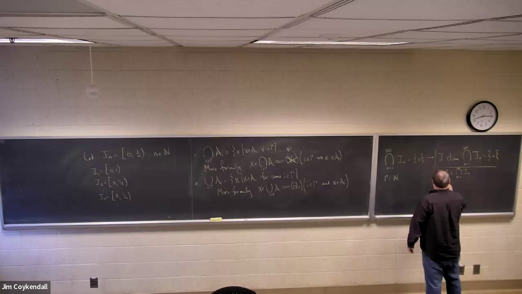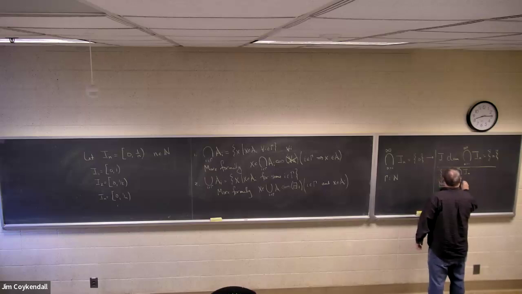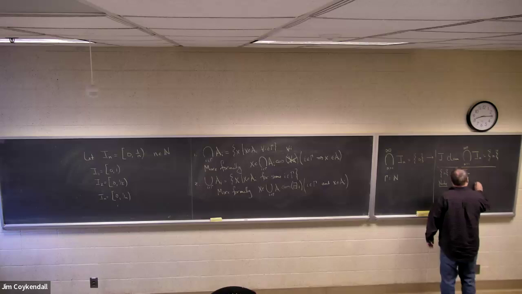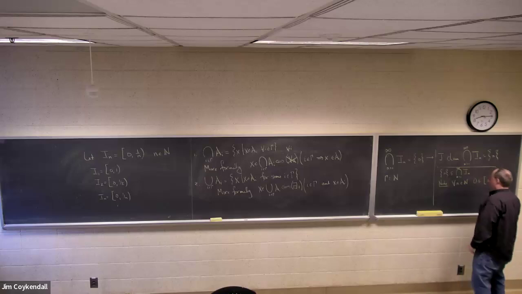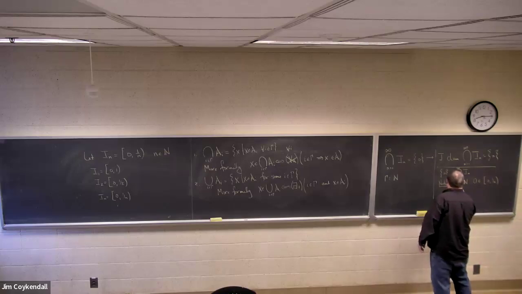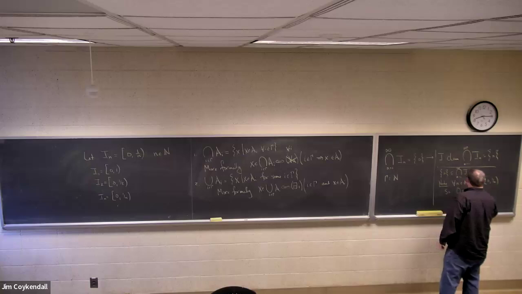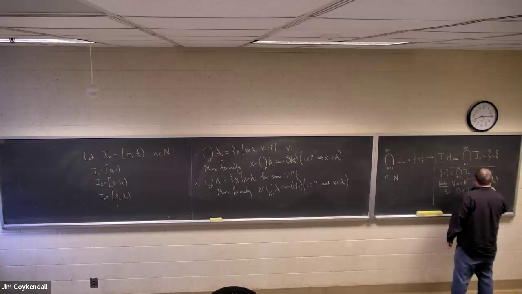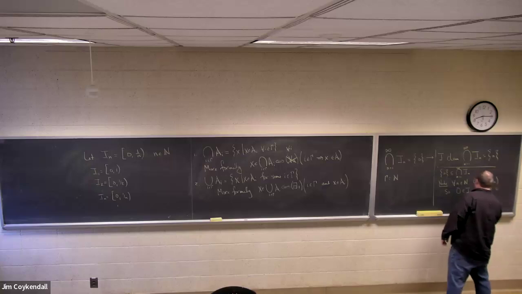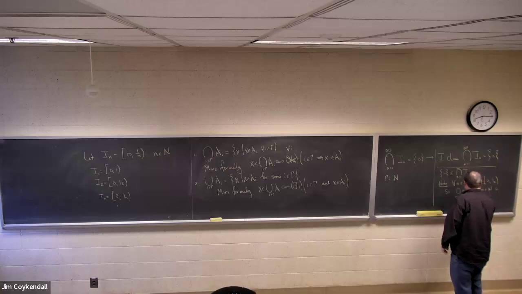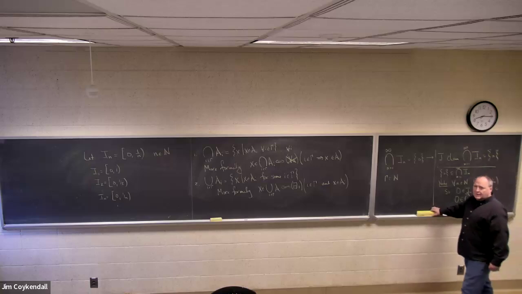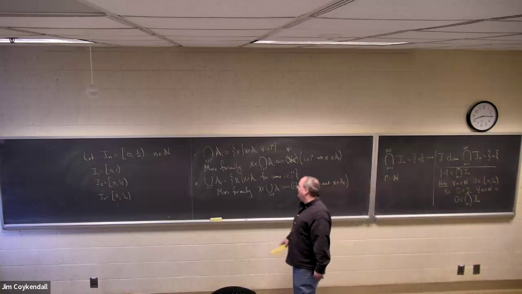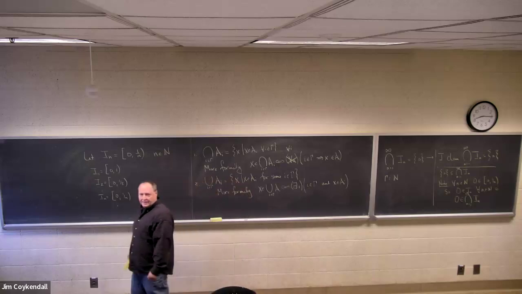For any n in the natural numbers, 0 is in the interval from 0 to 1/n. So 0 is in I_n for all n in the natural numbers, so 0 is in the intersection. Everybody okay with that? Now, the interesting part is why is that? Why is that always there?